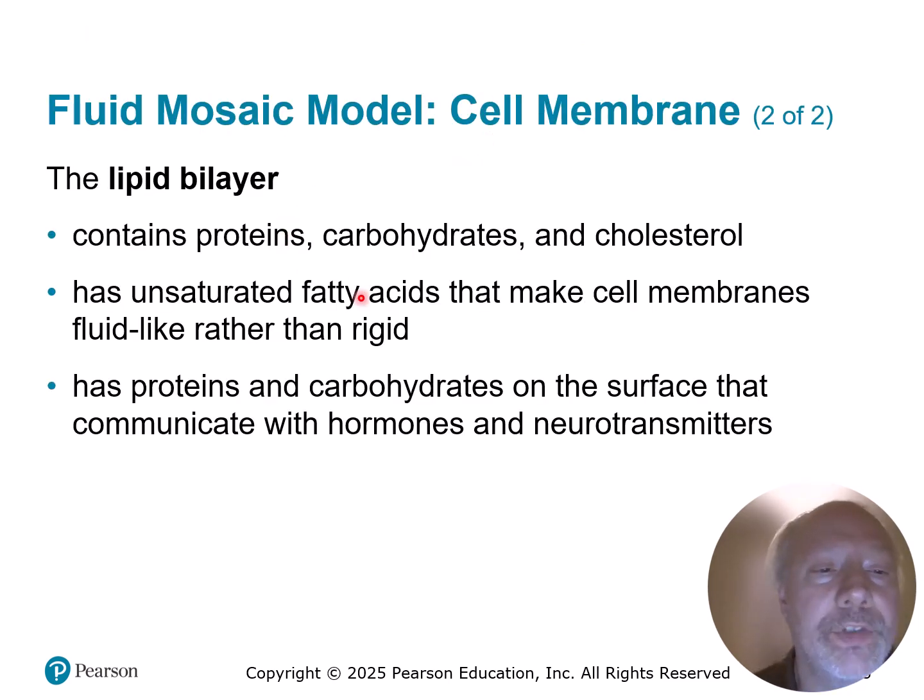So lipid bilayers, what happens? They have proteins, carbohydrates, cholesterols. Of course, we have phospholipids, which make up the majority of it. We have these unsaturated fatty acids that are attached to these phospholipids. We can have communication where protein receptors can recognize hormones, and those hormones can bind proteins on the outside of the cell and send messages all the way down to the nucleus.